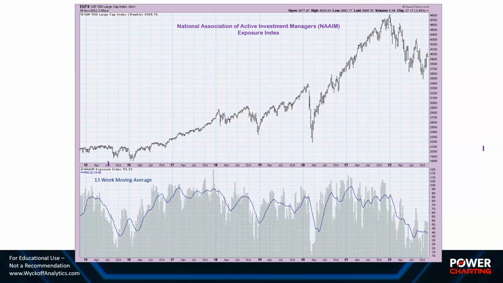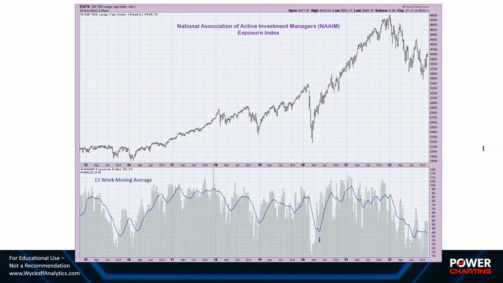Here's 2015-16, a very low level of exposure, which starts to go up with the new trend. And like I said, they are very effective trend followers. Here you can see at the end of 2018, a very important break in the market, and they became somewhat pessimistic. Here in 2020, they were very underexposed to the market.